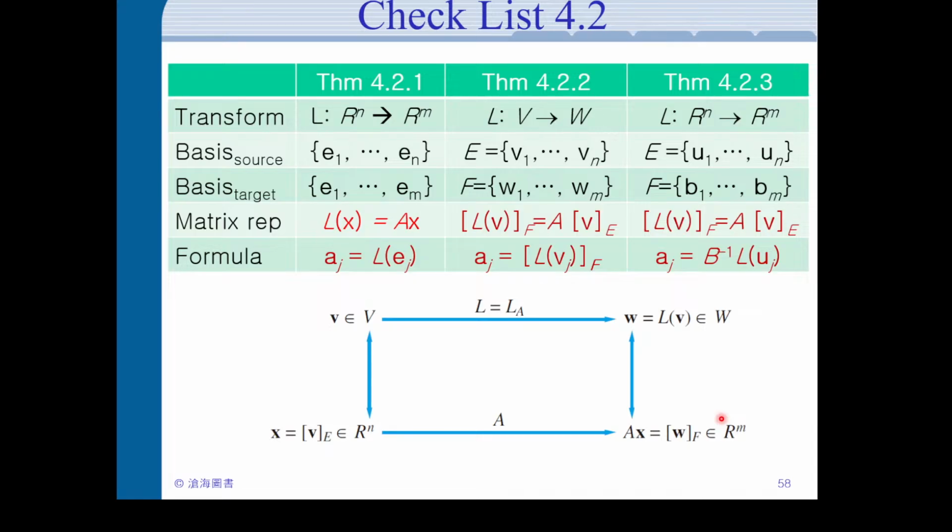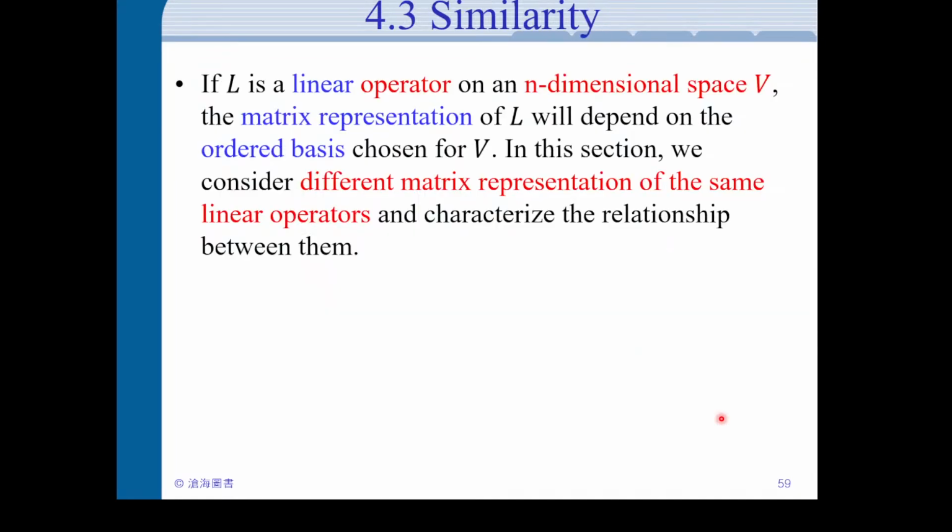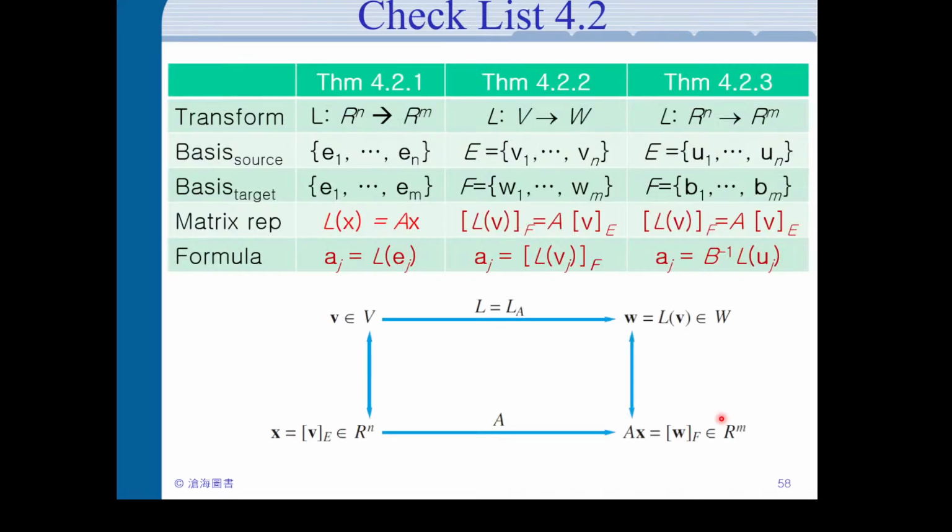And that's 4.2, and we talk about change of basis in 4.3. In 4.2.3 we see that we can choose different bases in Rn and different bases in Rm.